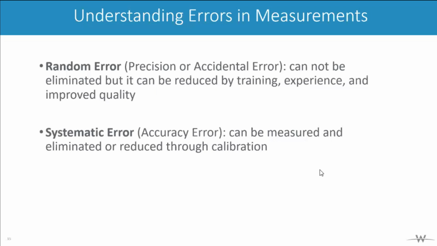That's an error which follows a certain model, mathematical model or geometry. And that's the one we can model, calculate, figure out, and remove. So random error you can minimize, you cannot remove. Systematic error we can model and remove.